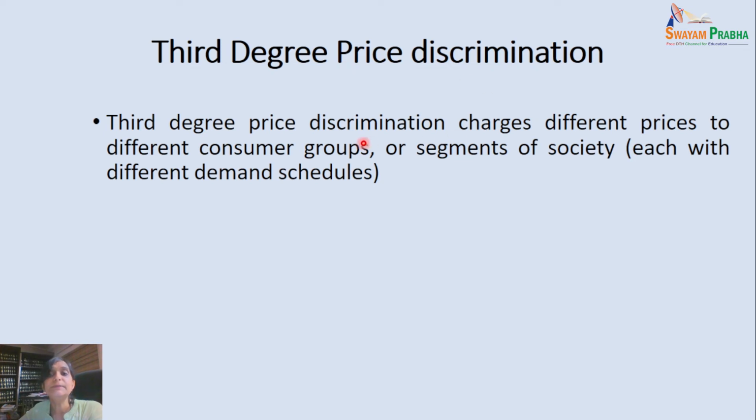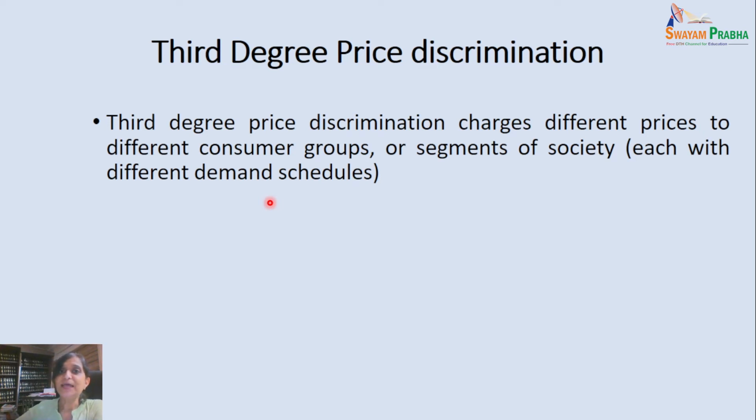In third degree price discrimination, different prices are being charged to different consumer groups or segments of society. What is happening in third degree price discrimination? Different prices to different consumer groups, but all these groups have a different demand schedule, a different elasticity of demand.